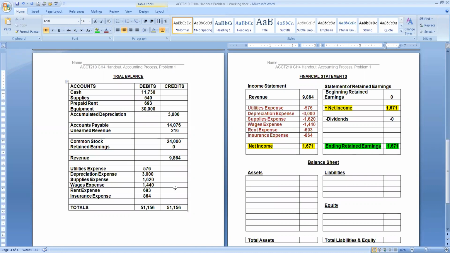Okay, assets. What do we have for assets? It's probably going to be the first asset. Cash. Yep. Yeah, so your cash. So these are all going to be your assets.